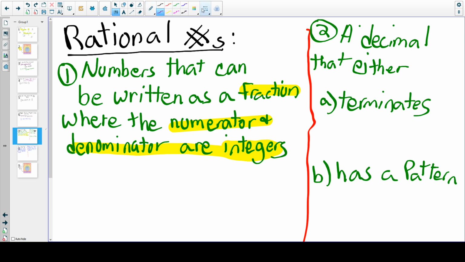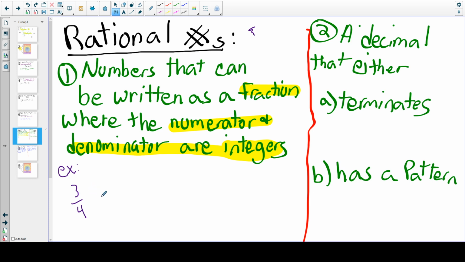So let's do an example or two of that. Let's pick this purple color. Example: 3 divided by 4. Is it a fraction? Yes. Remember the numerator is the top number, and the denominator is the bottom number. Are the numerator and denominator integers, meaning, are they either positive or negative whole numbers? Yes. 3 is a positive whole number, and 4 is a positive whole number.